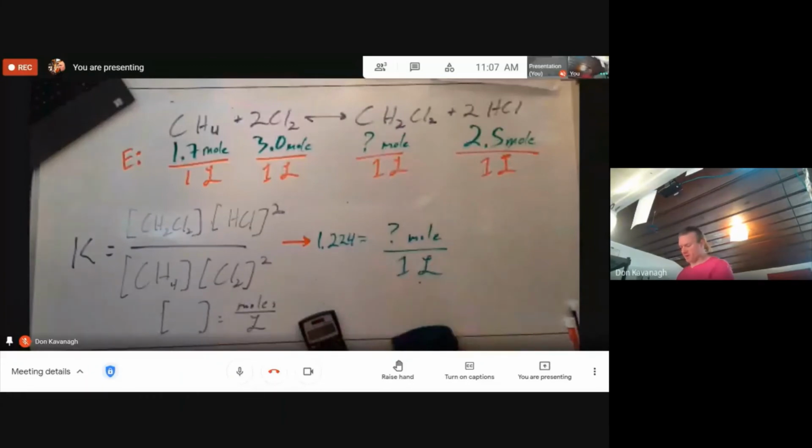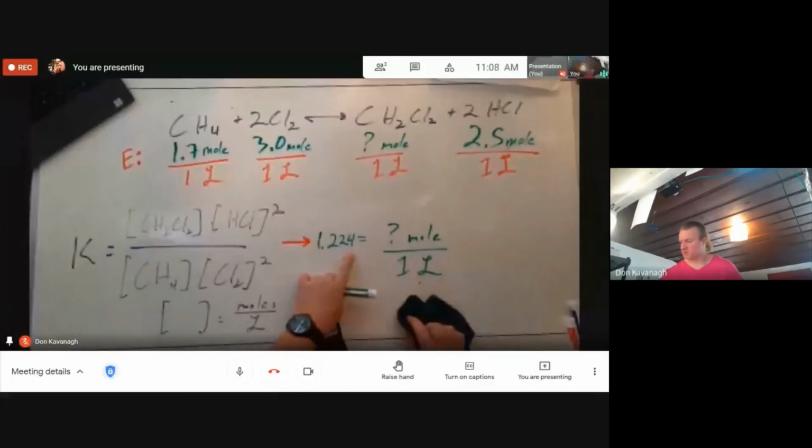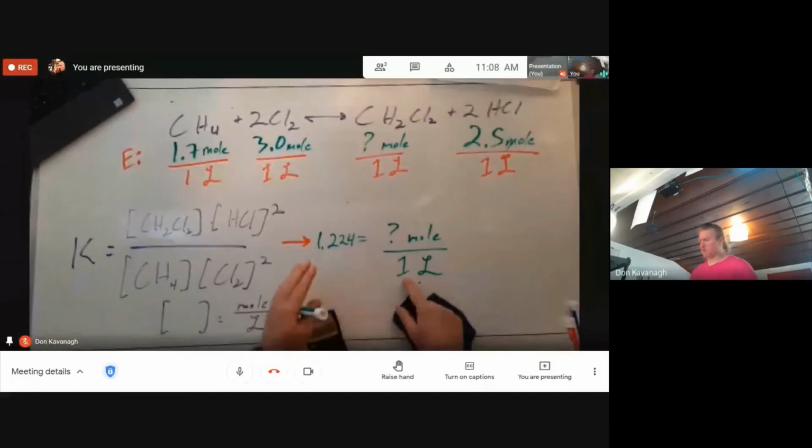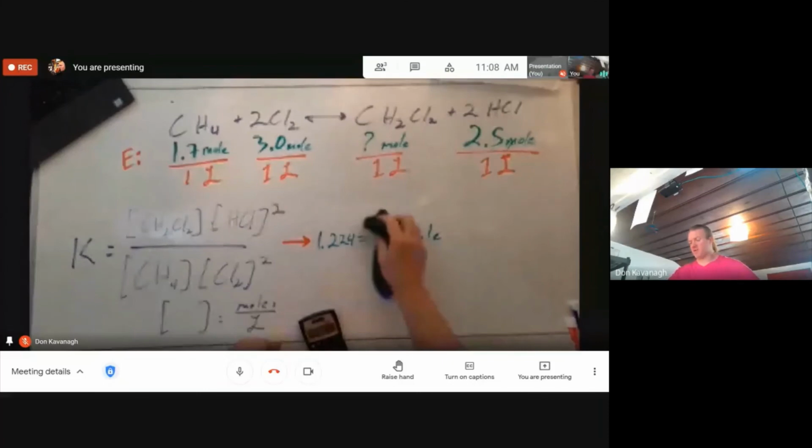Because we're talking about an equation here, these numbers have to equal each other, and I can multiply both sides of the equation by 1. I can do that in my head. So there are 1.224 moles, or if you want to round that to 1.22 or 1.2 moles, those are also great answers, of dichloromethane present in that reaction vessel at equilibrium.